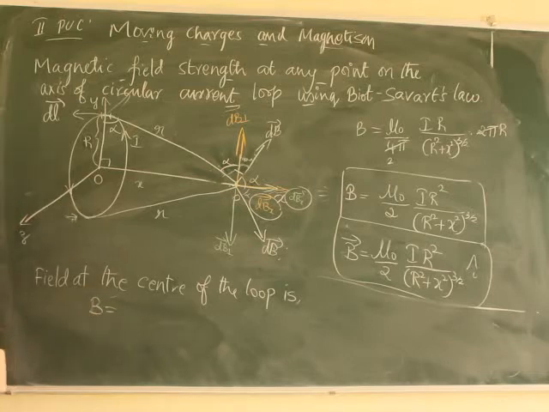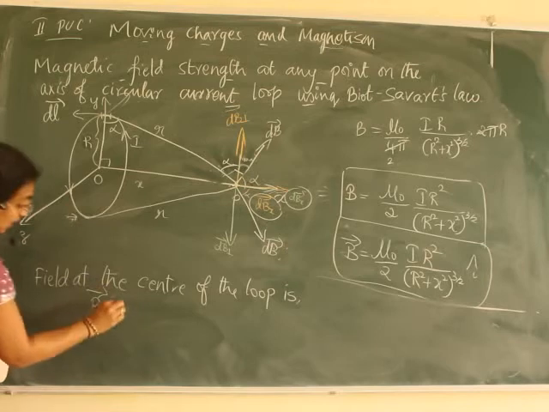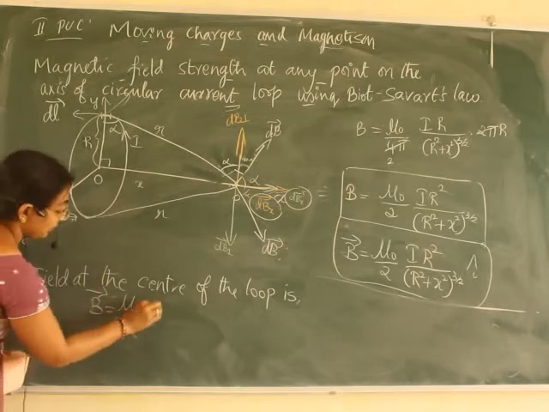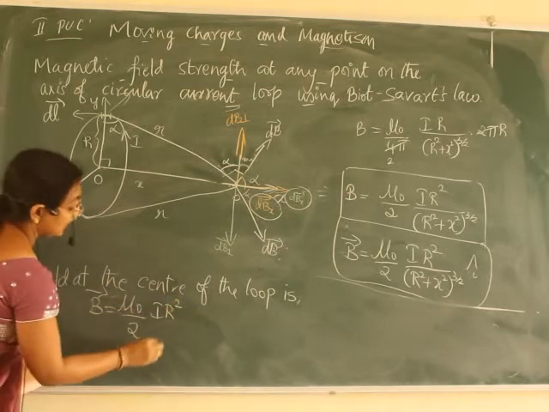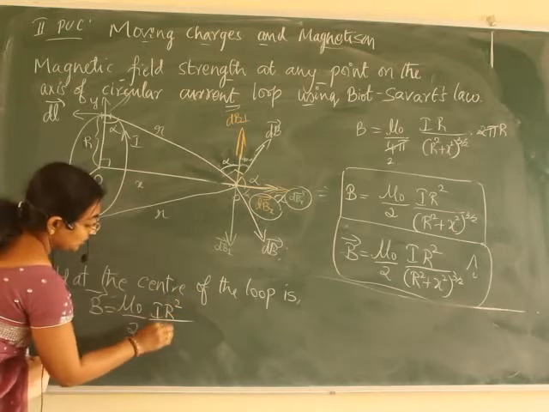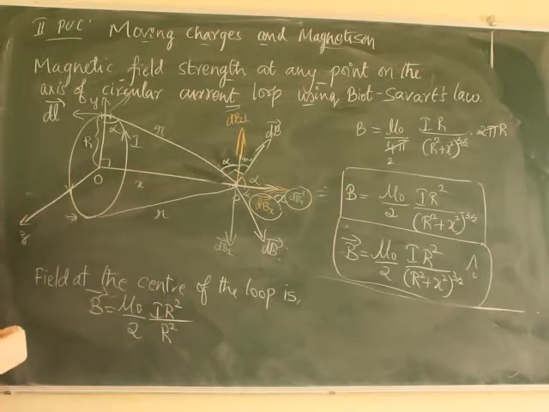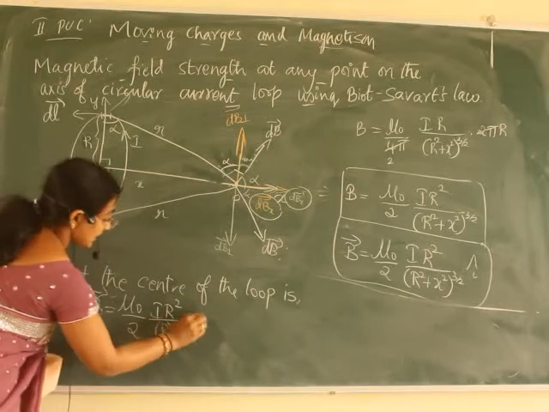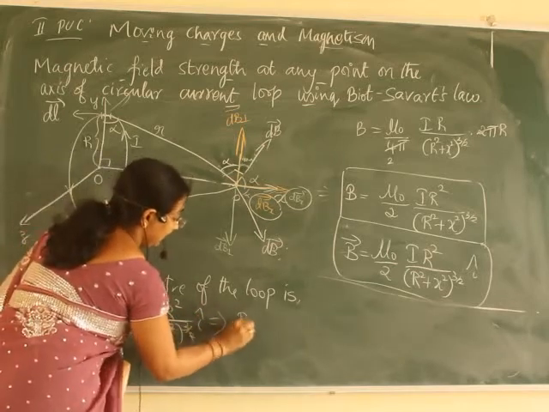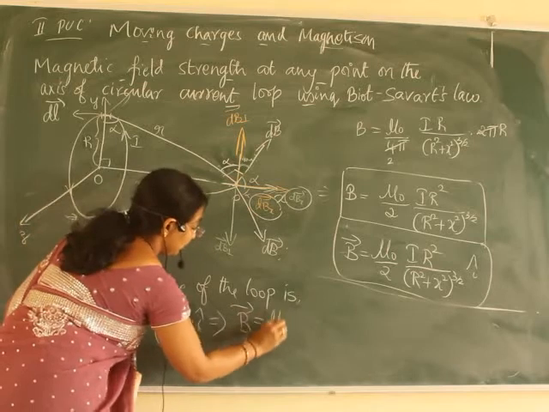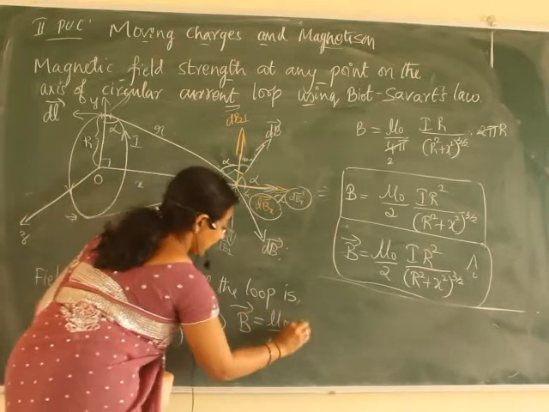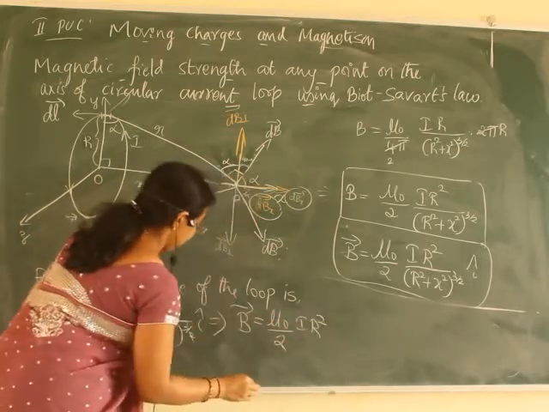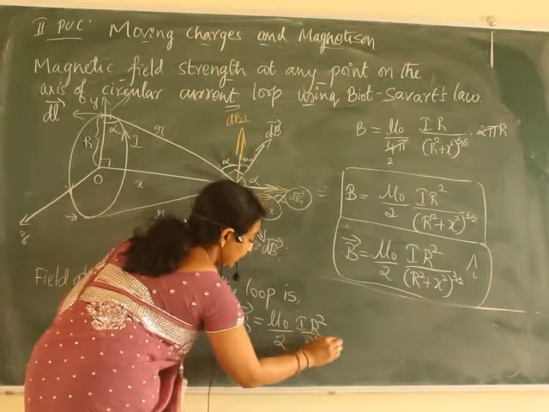What is the magnetic field? Mu naught by 2 I r square divided by r square, x is equal to 0. So therefore, to the power 3 by 2, the 2 will get cancelled. So what is remaining? B vector is equal to mu naught by 2 I r square divided by r cube into I cap.